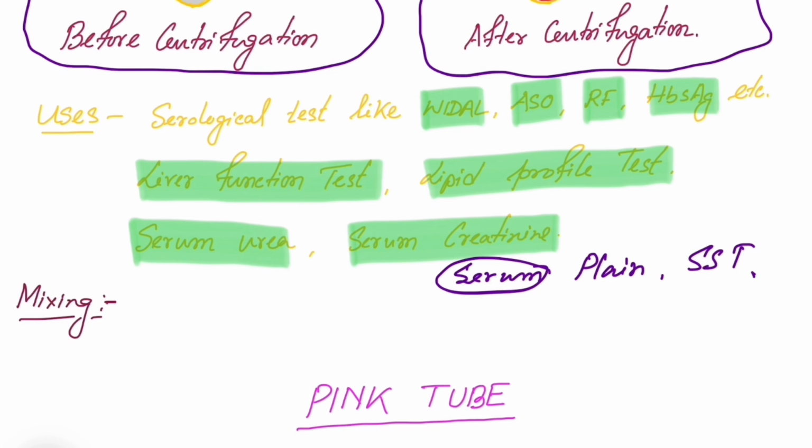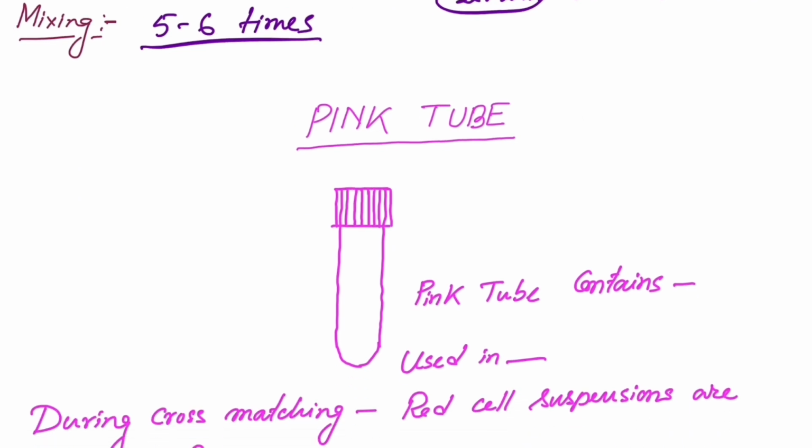How about mixing? Many people will say that the plain tube contains nothing, so no need to mix. But clot activator is there. You can mix by inverting the tube 5 to 6 times, so that the clot activator can get mixed with the blood and start the clotting process early.